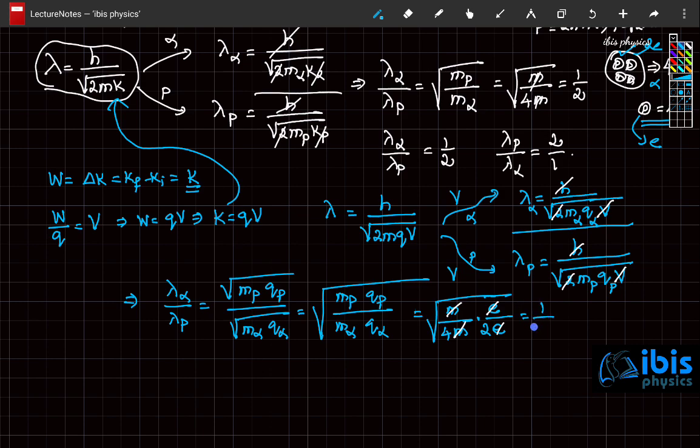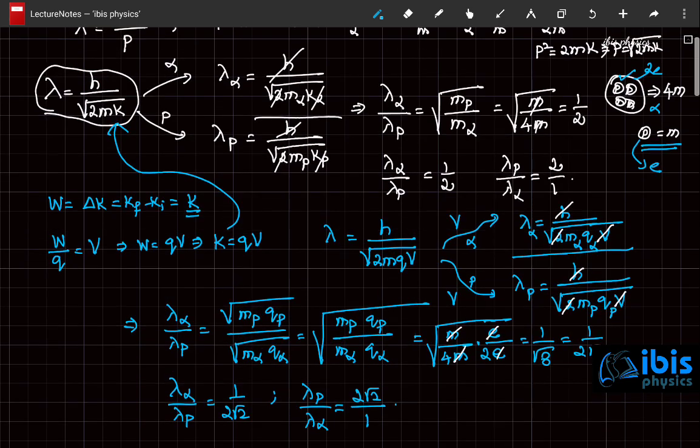So it is equal to 1 by square root of 8, or 1 by 2 root 2. So when the alpha particle and proton are both accelerated by the same potential difference, lambda alpha particle by lambda proton is 1 by 2 root 2, and lambda proton by lambda alpha particle is 2 root 2 by 1.